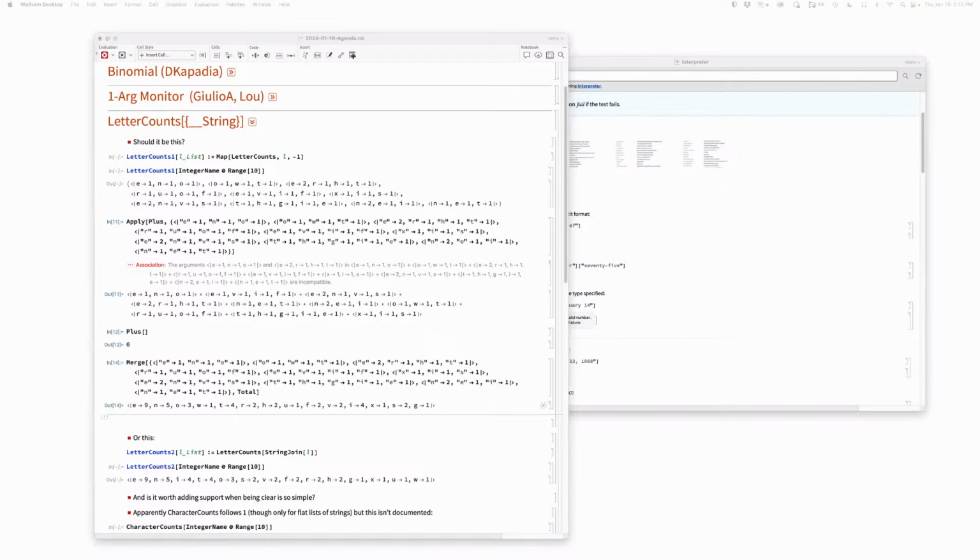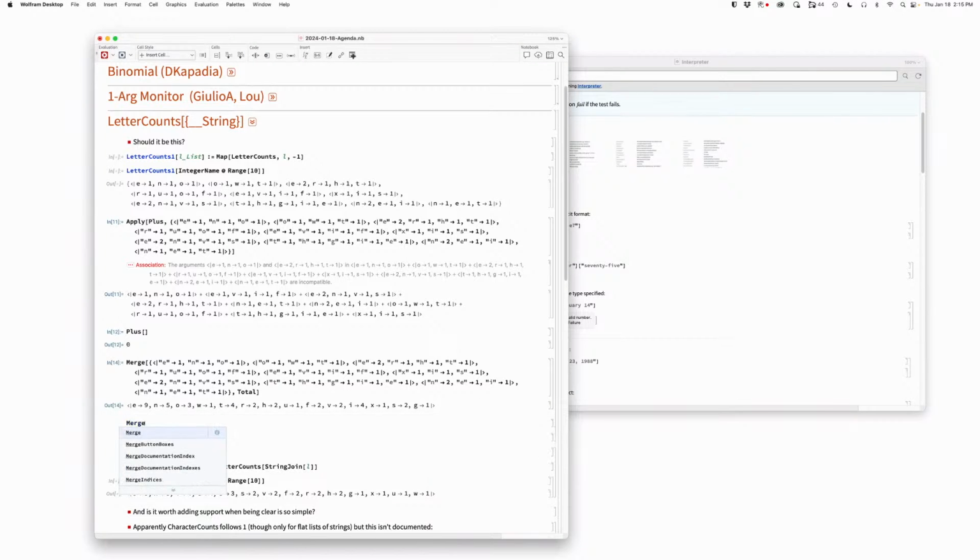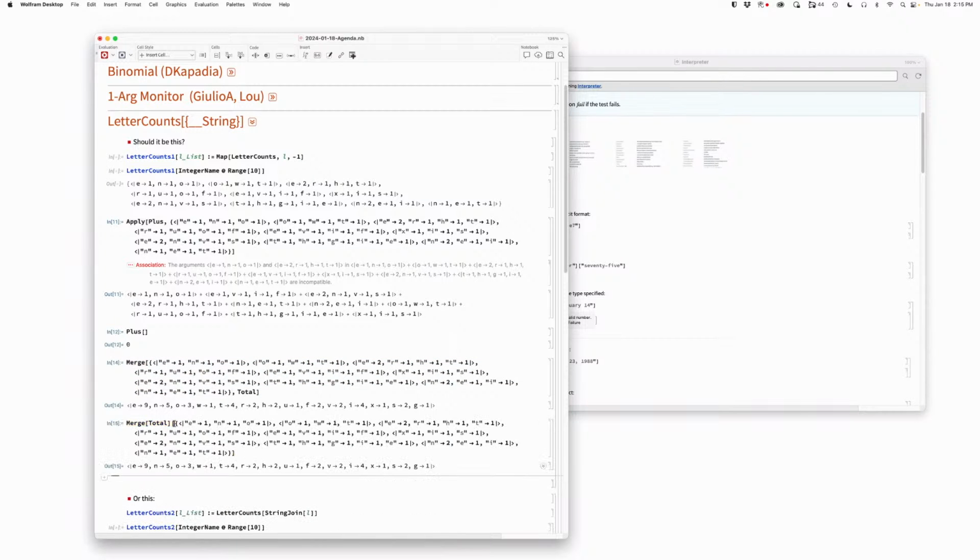So you can do merge of total and apply that to the list of associations, which I think looks even nicer. That's beautiful. I mean, if it works, let's take a look. Magnificent. Couldn't be better. Fine. Document and move on.